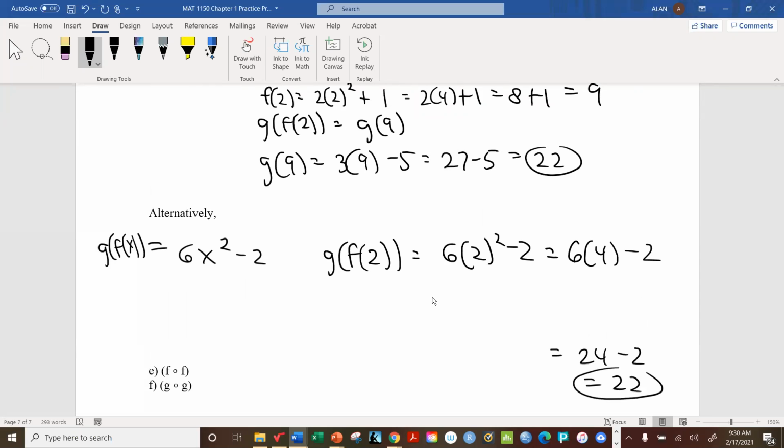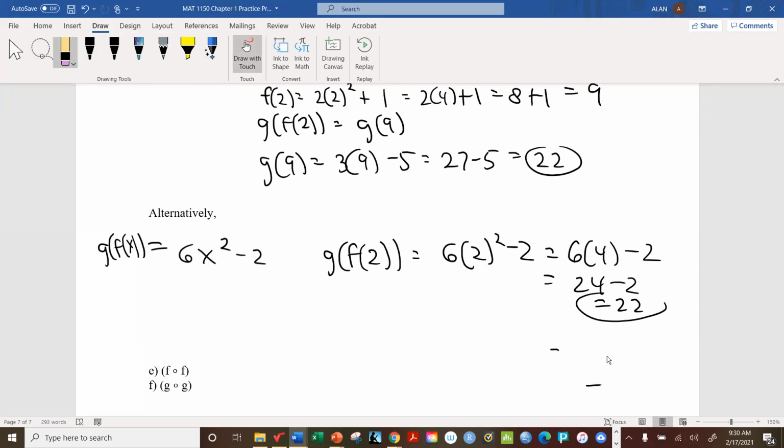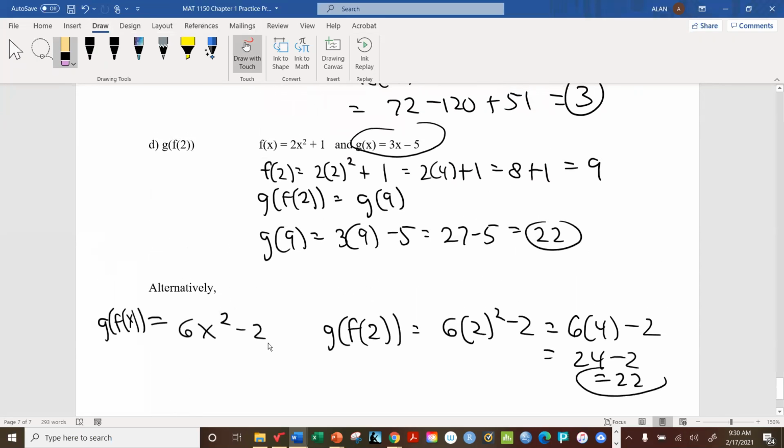Oh, wait, let me fix that. All right, and again, you've got two different approaches, but I think you'll agree the first one was simpler.